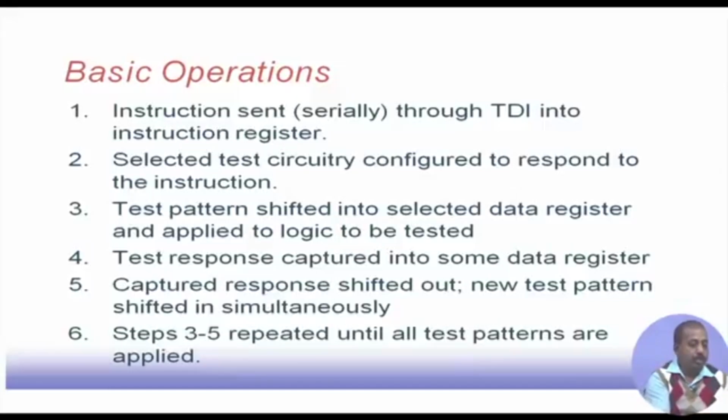These steps 3 and 5 are repeated until all test patterns have been applied. So this is the way this whole thing works. What we need to do is set the instruction register with proper values, so that it can command the other components to work accordingly.